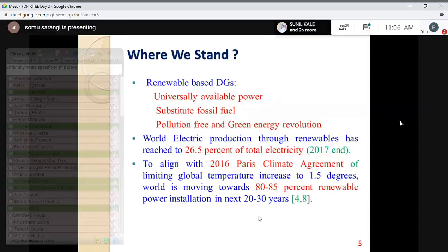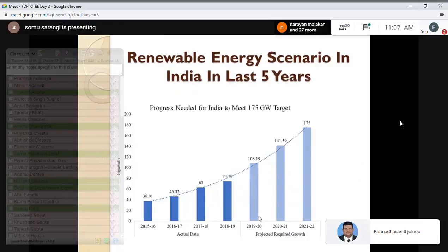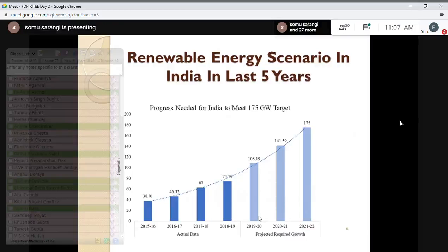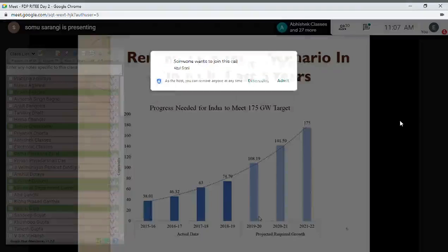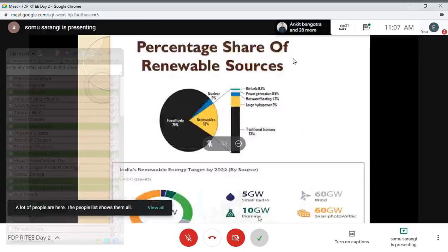To align with the 2006 Paris climate agreement, to reduce the temperature rise, we must have another source, which is nothing but renewables. If you observe the renewable energy scenario in India, it is also continuously increasing, and by 2022 we are targeting renewable energy of 175 gigawatt.